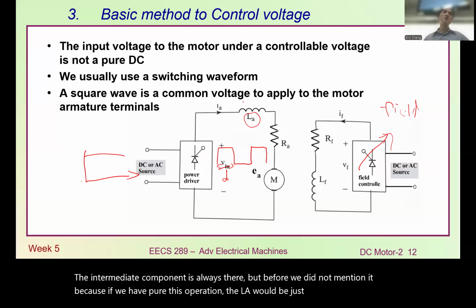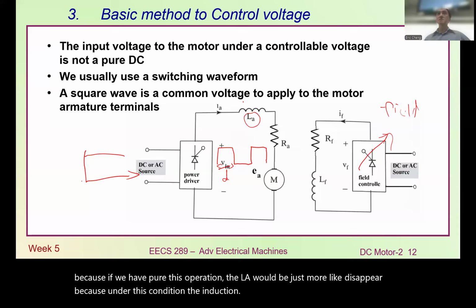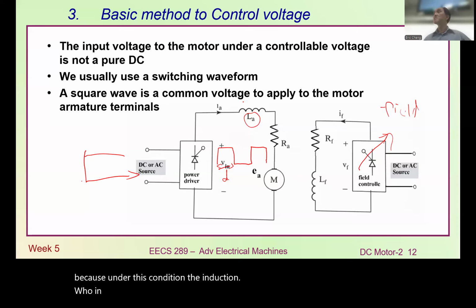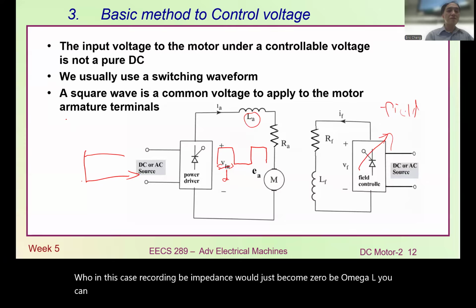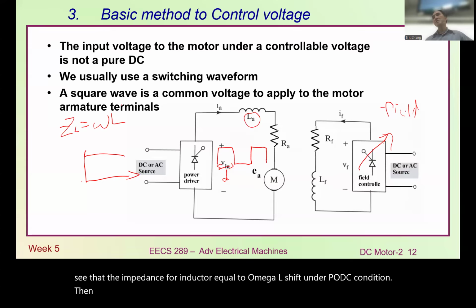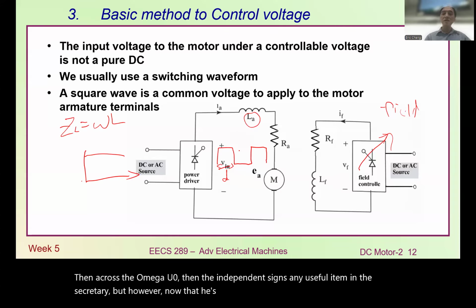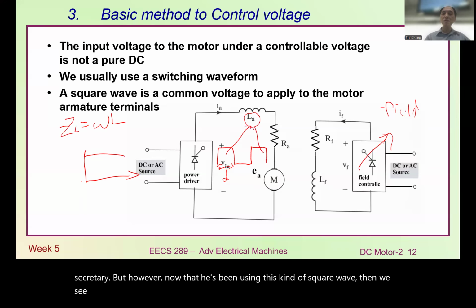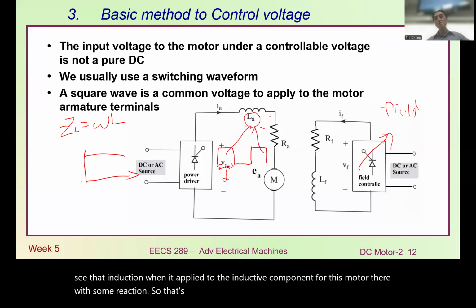Under this condition, the impedance will just become zero, because the impedance for an inductor equals omega L. Under pure DC condition, omega is zero, so the inductance doesn't play any useful role in the circuitry. However, now if we're using this kind of square wave, then when you apply it to the inductive component of the DC motor, there will be some reaction. That's the thing we need to understand further about the motor operation.